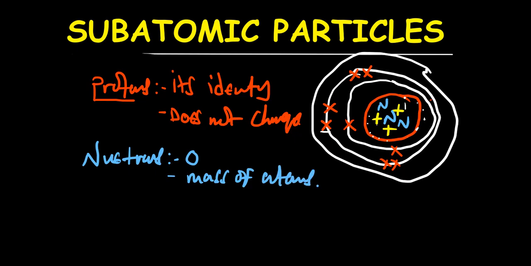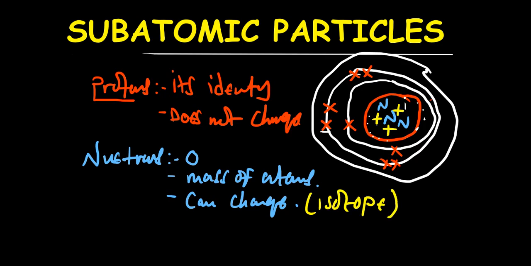So the number of neutrons can change, and when this number of neutrons changes, that is when we end up with isotopes. So if you have an element which has 2 different numbers of neutrons, then we say that that element has what?